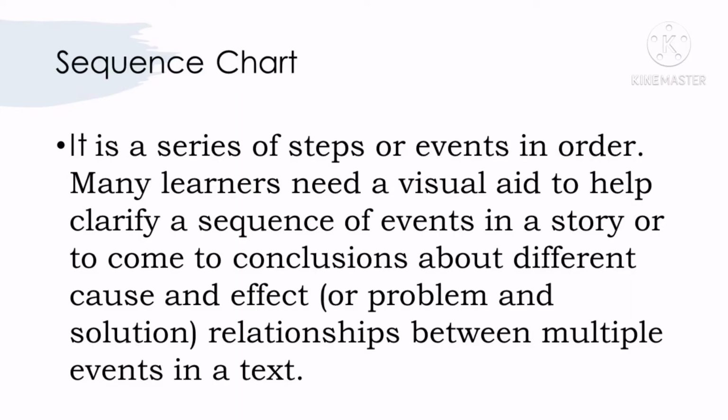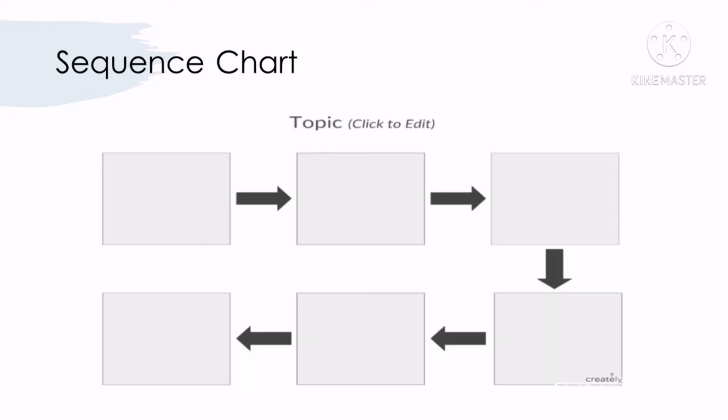And the last graphic organizer that we are going to study is the sequence chart. A sequence chart is a series of steps or events in a particular order. As you can see on the chart, both the sequence chart and the timeline are similar.